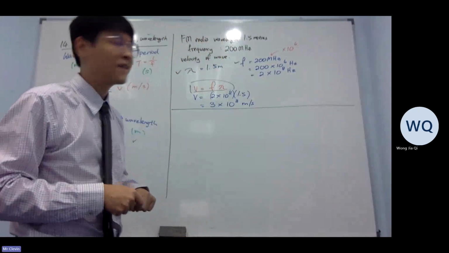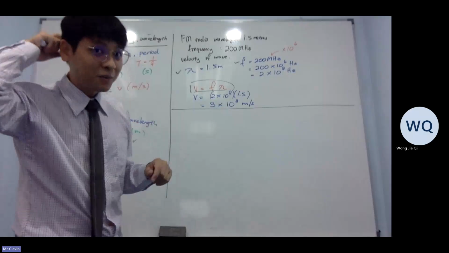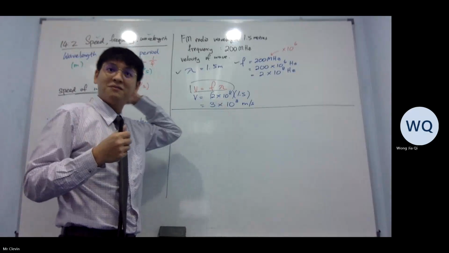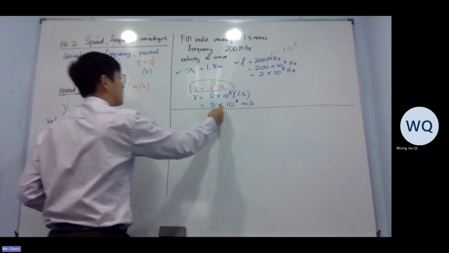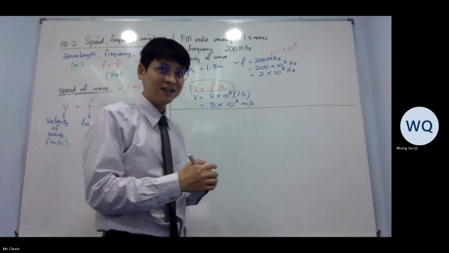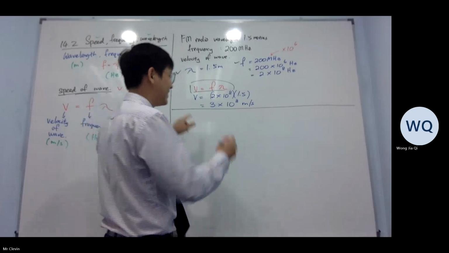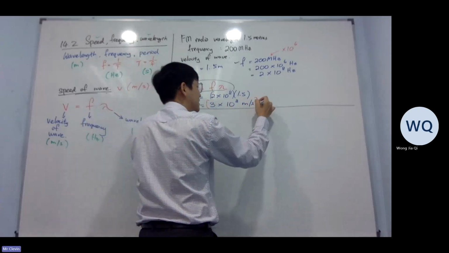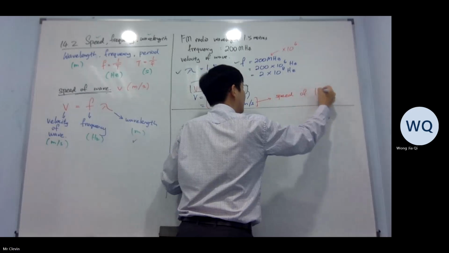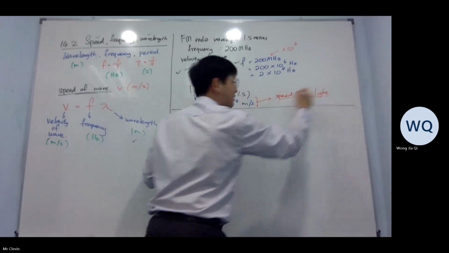All right, now one thing I need to point out. Are you familiar with this number, 3 times 10 to the power of 8? This is a specific number, which we call the speed of light.